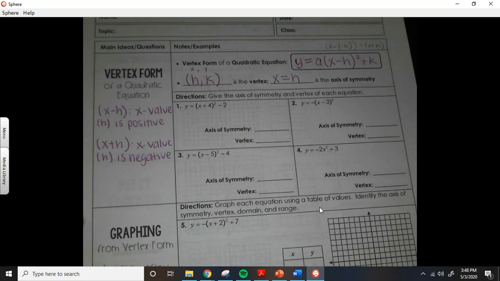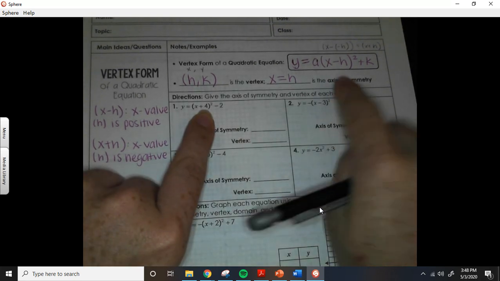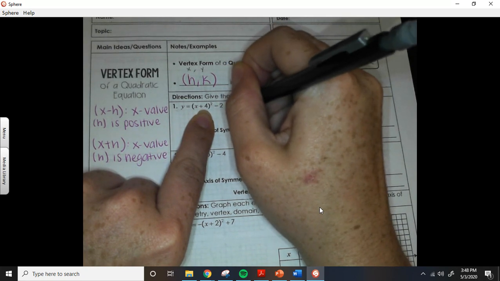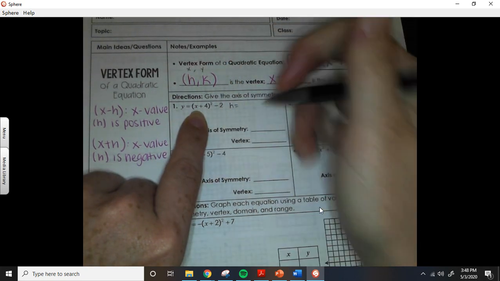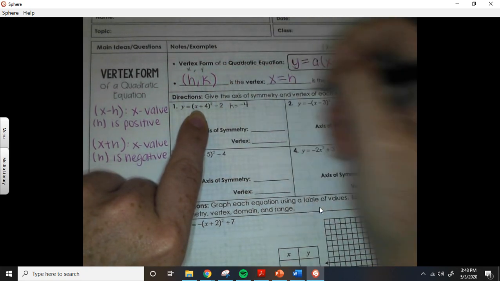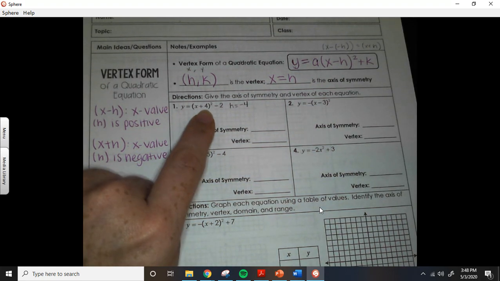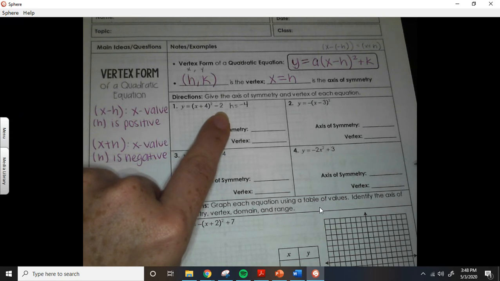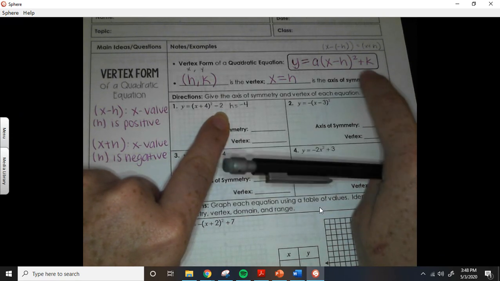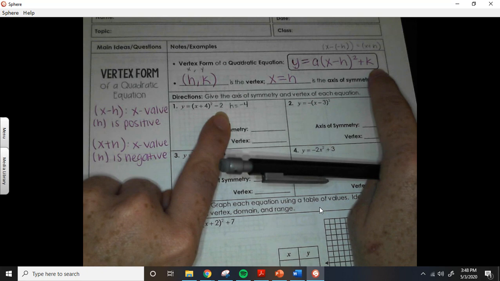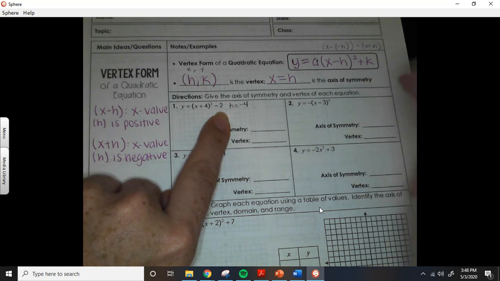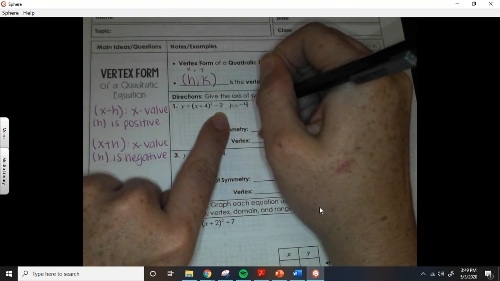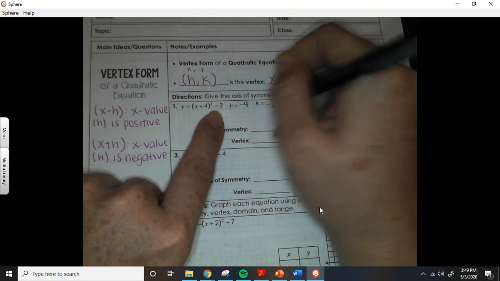So in this case, h is going to be, remember, if it's plus, that means your h value is negative. And if it's minus, that means it's positive. So in this case, in number 1, our h is negative, and look at k. K is this constant over here, plus or minus, and that one's what you think it is. So if it's plus, it's positive, and this is going to be k equals, in our case, negative 2.